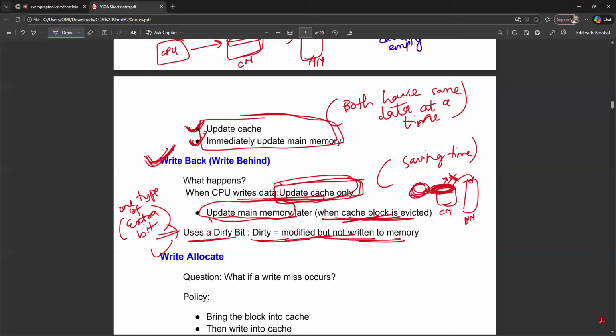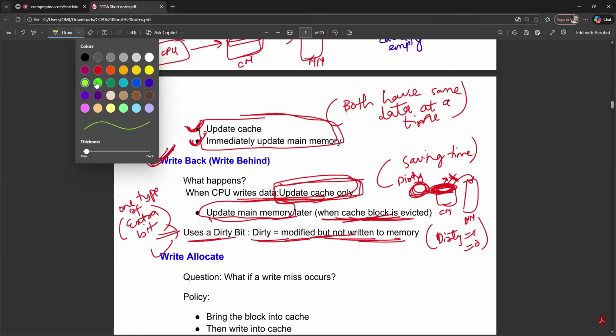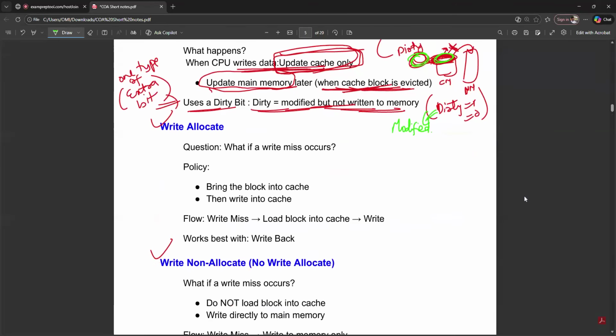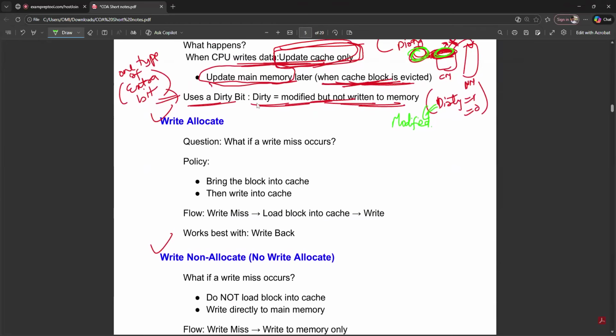If the dirty bit equals 1, you get to know that this block is modified and not yet written in the main memory. With the help of the dirty bit, you update the main memory.